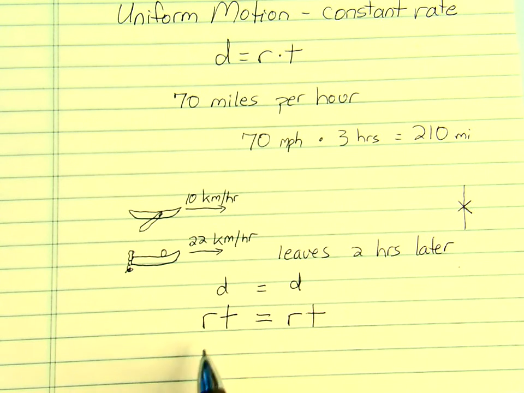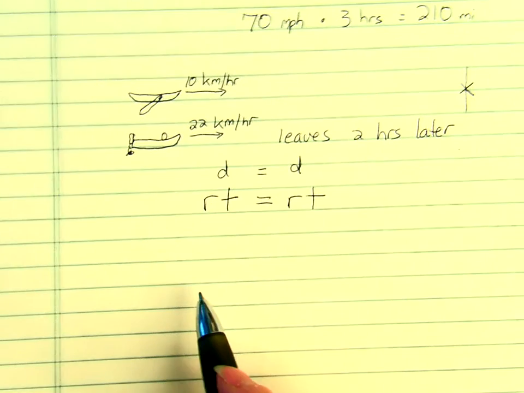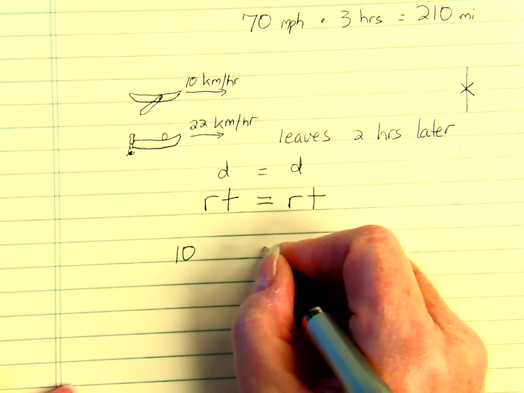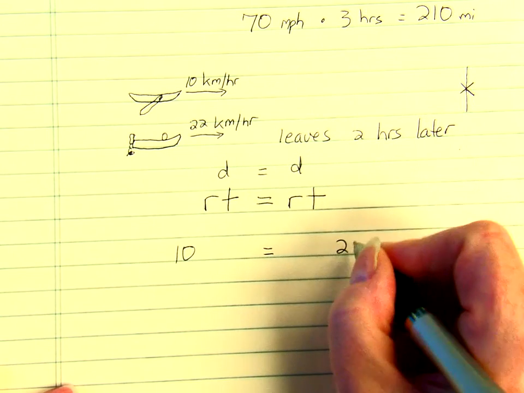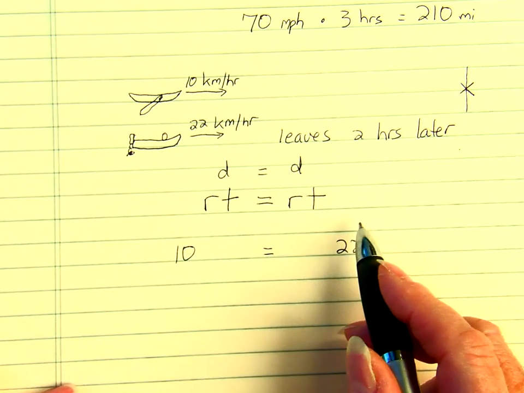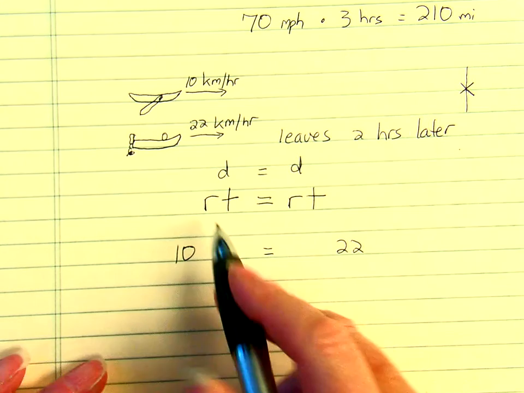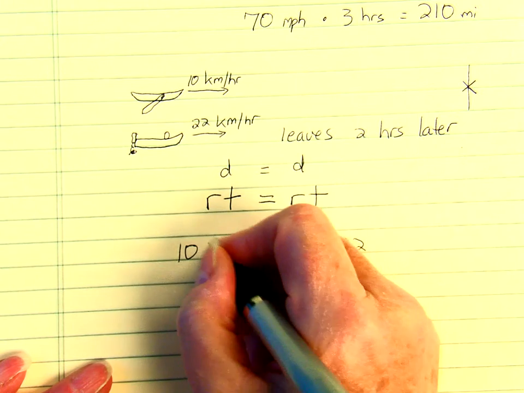So let's put in our numbers. Our rate is pretty easy: I've got a 10 and I've got a 22. Now my time. I don't know exactly when they left, so my time for the canoe is going to be x.